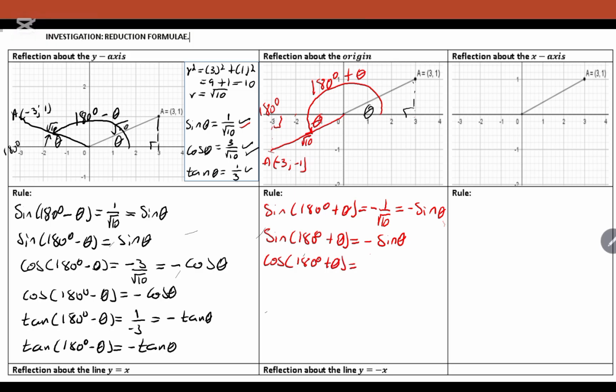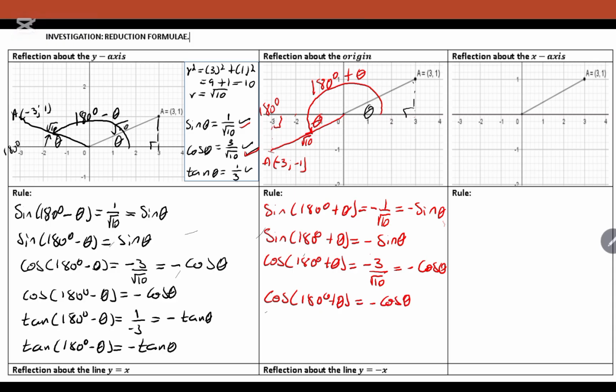The cosine of 180 degrees plus theta, so this angle here will be negative 3 over square root of 10. But what we know is that 3 over square root of 10 is equal to cos theta. Since this is negative, this will therefore be negative cos theta. So our reduction rule says cos of 180 degrees plus theta is equal to negative cos theta.